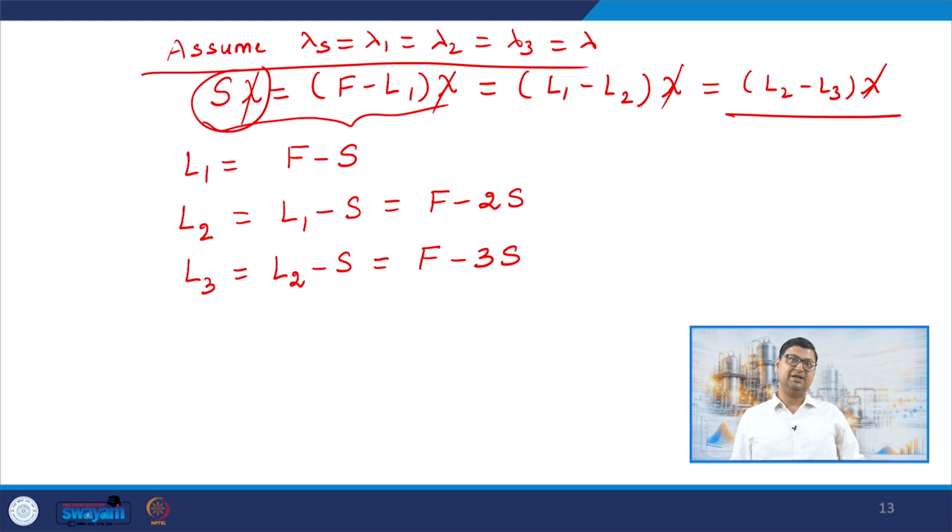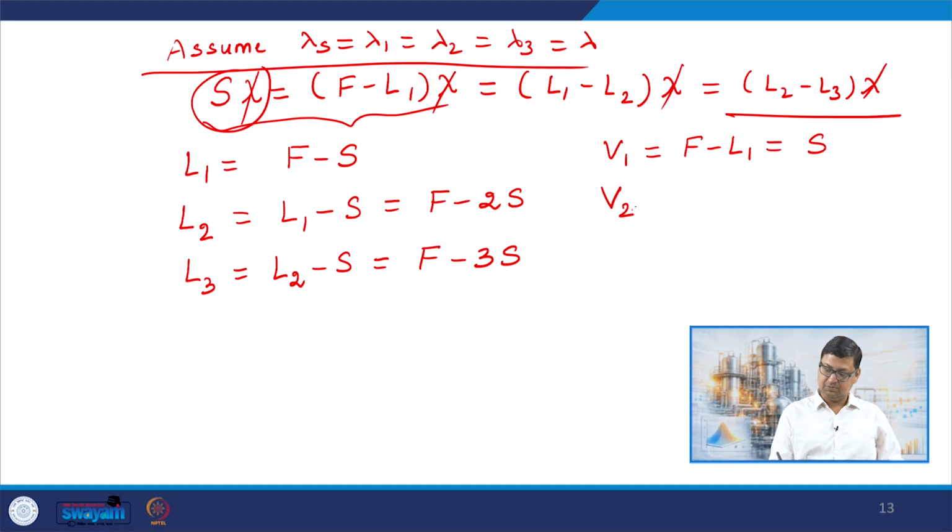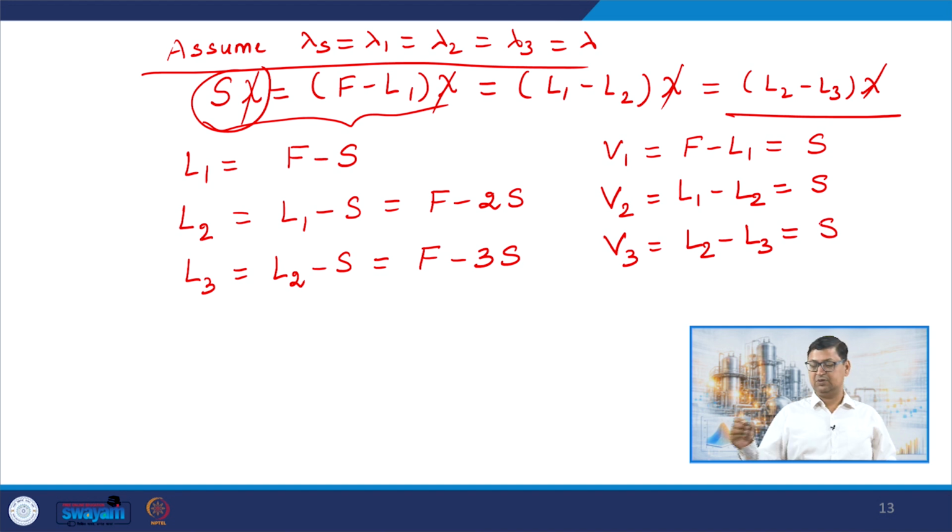So, correspondingly, if I want to find the vapors coming out, my V1 is going to be F minus L1, that is equal to S. My V2 is going to be L1 minus L2, that is again equal to S, and my V3 is equal to L2 minus L3, which is equal to S.